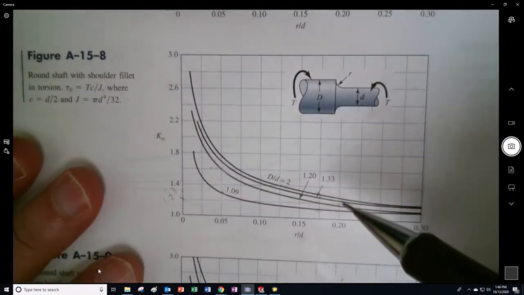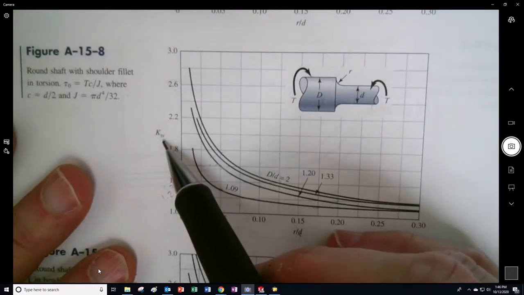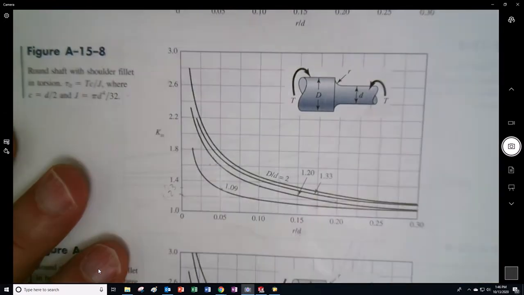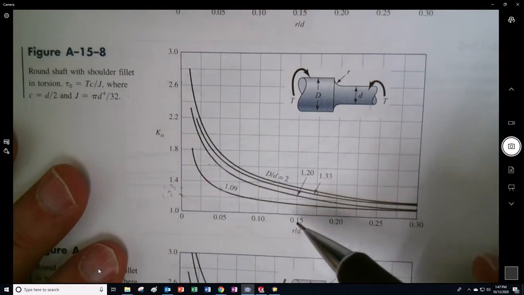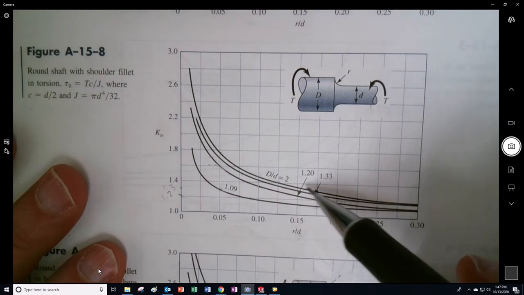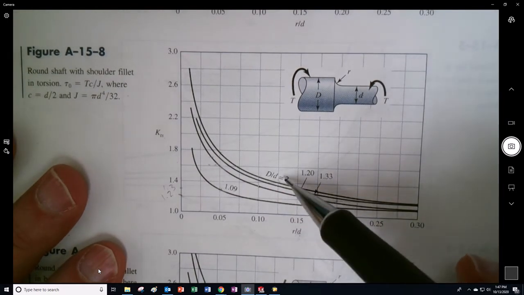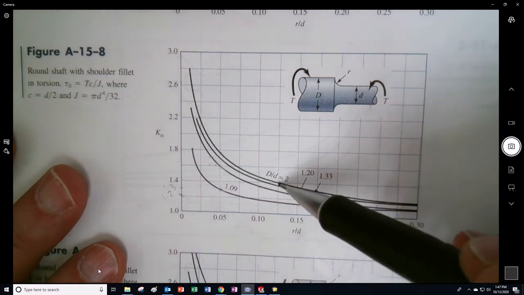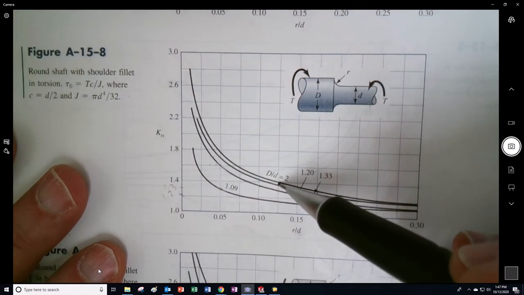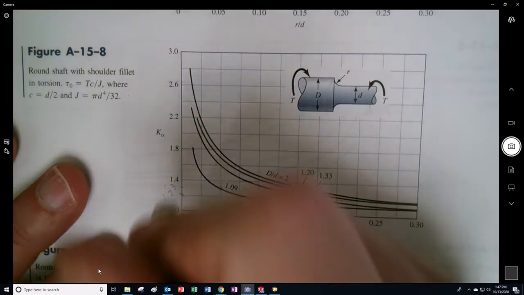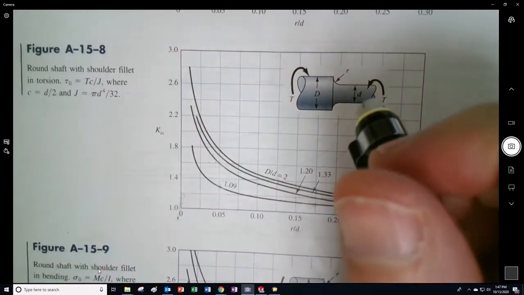And then if we go to the other one right here, this one is for the torsion, so you have to be careful. You notice that it's a Kts. Once again, they don't have 1.5. They have 1.3 and 2, so it's somewhere in between, and you can see that it's right in here.